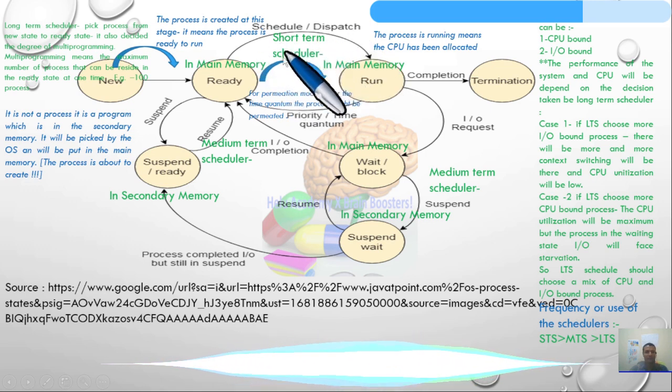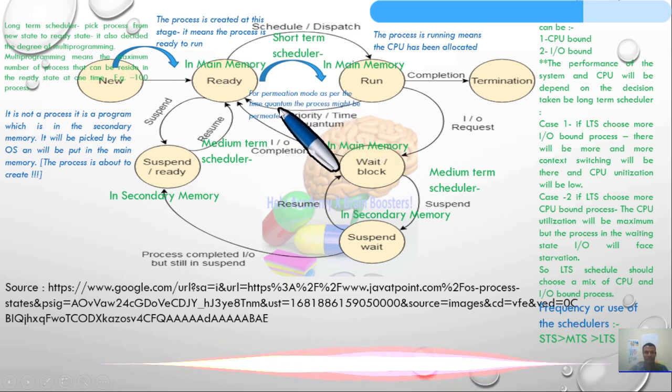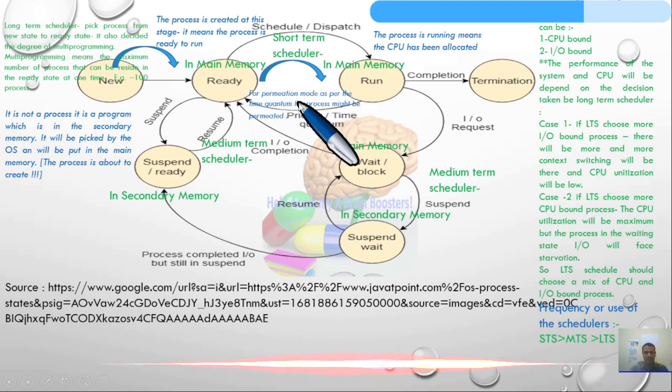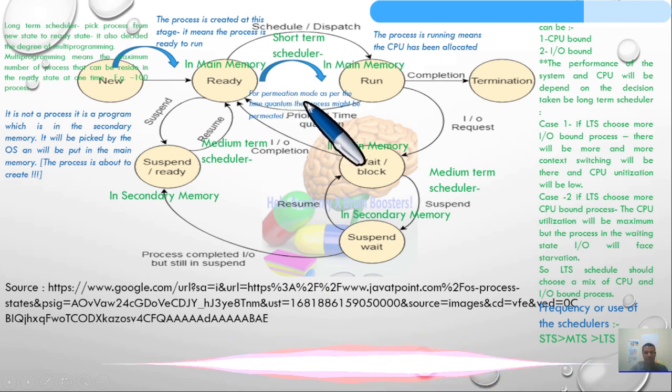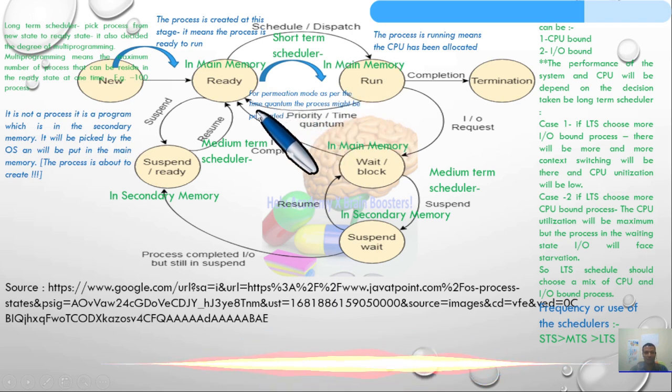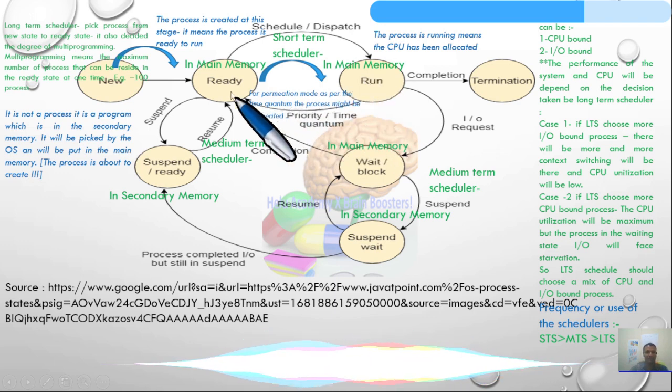So we have the short-term scheduler at this point. For preemption mode, as per the time quantum, the process might be preempted. We have non-preempted and preempted modes. In preempted mode, once the process is running, if the time quantum is reached, it will be preempted and put in the ready state.